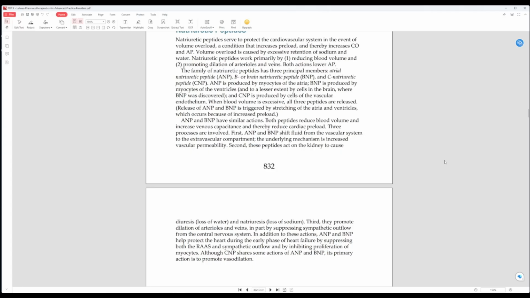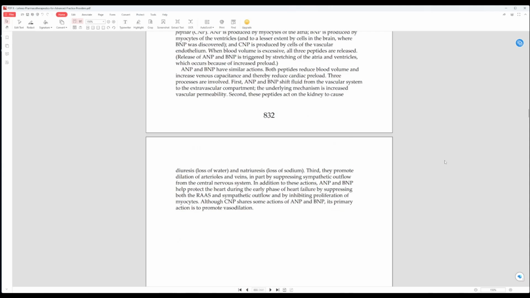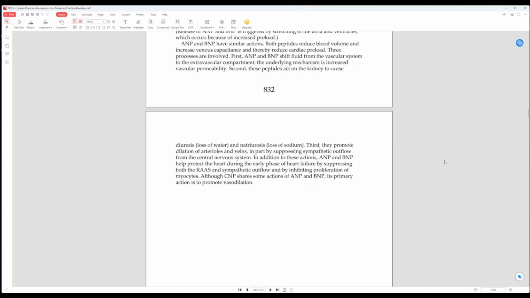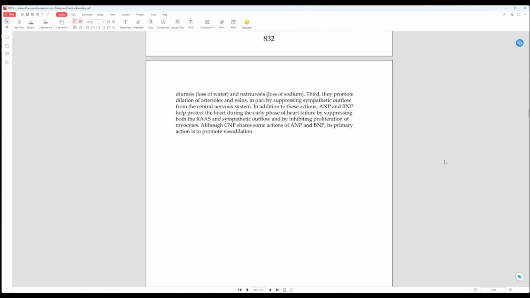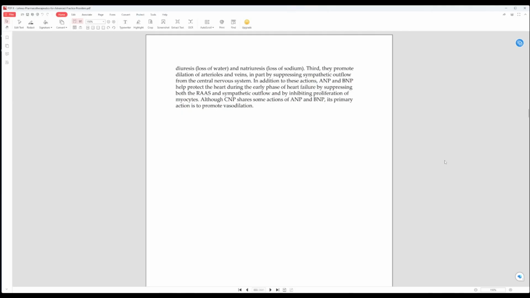Three processes are involved, the first being that ANP and BNP shift fluid from the vascular system to the extravascular compartment. The underlying mechanism is increased vascular permeability. The second, these peptides act on the kidney to cause diuresis, or the loss of water, and natriuresis, the loss of sodium. The third, they promote dilation of the arterioles and veins, in part by suppressing sympathetic outflow from the central nervous system.